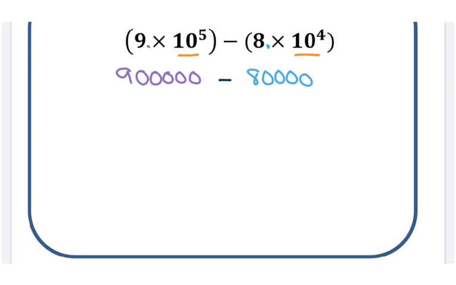So this would be 900,000 minus 80,000. And if we type that into our calculator, we should get 820,000.